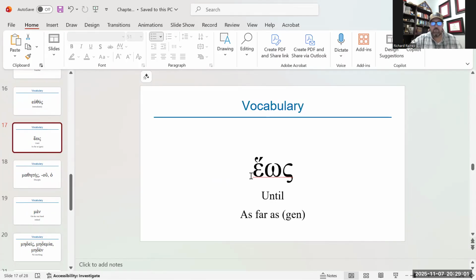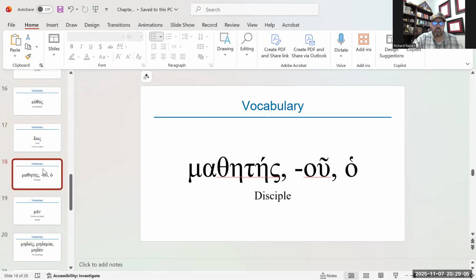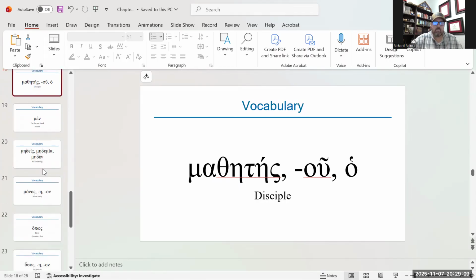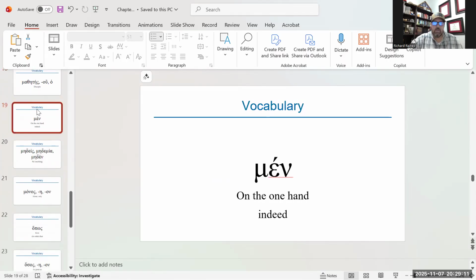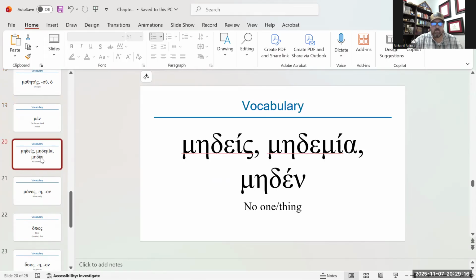Héos means until, or in the genitive, as far as. Mathētḗs means disciple. Mén means either on the one hand or indeed. Mēdeís means no one or nothing: mēdeís, mēdemía, mēdén.